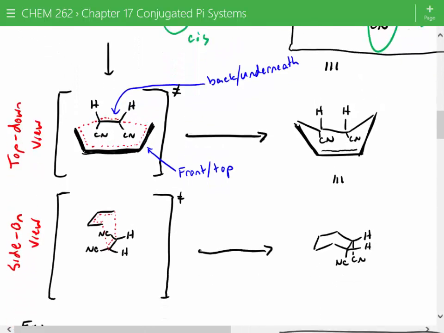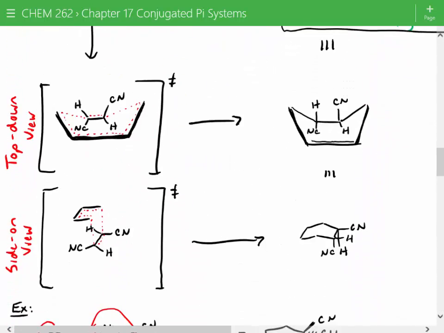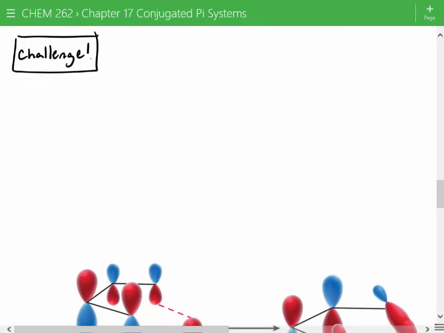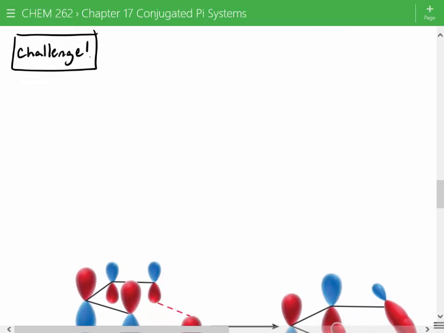All right, now we're going to do a more challenging problem, and I want you guys to work on it for a bit. So, challenge. All right, for our challenge problem, we're going to use a new diene.